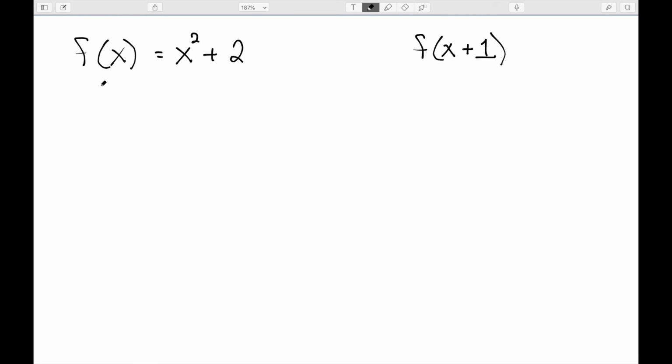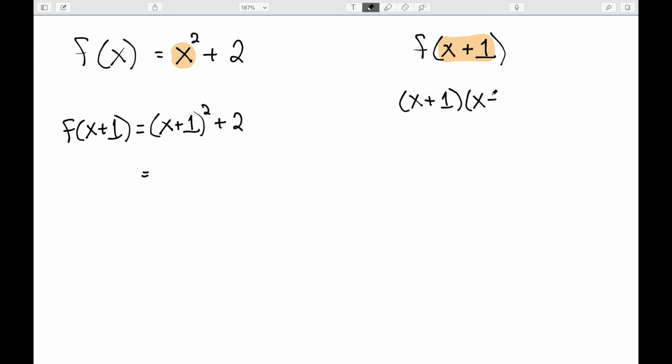Now let's say I have something like f of x equal to x squared plus 2, and I want to evaluate f of x plus 1. So what this says is I'm going to replace the x here with an x plus 1. So instead of x squared, I'm going to write x plus 1 squared plus 2. We can double check over here and do some scratch work.